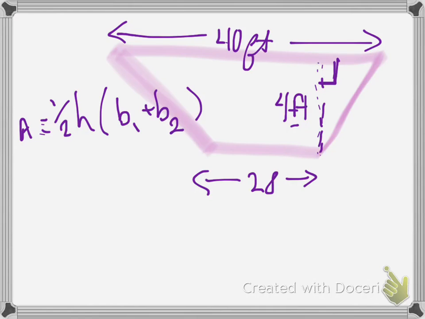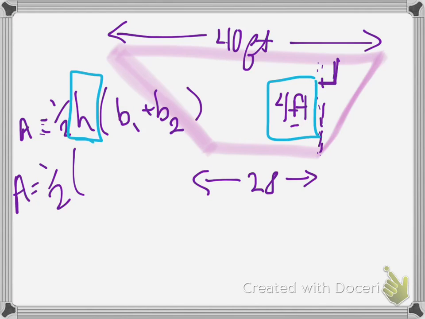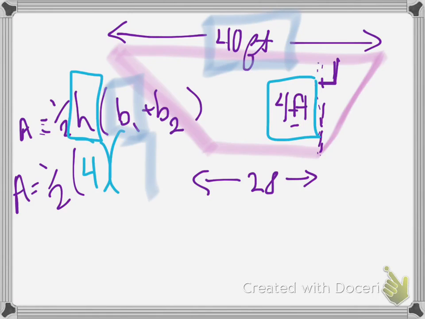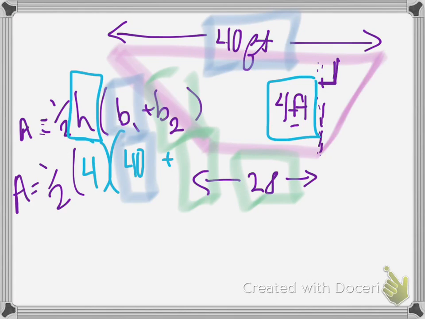Okay, so plugging and chugging. We know area equals 1/2 times our height right here, 4 feet, so we're going to plug that in, times base 1, we'll say 40, plus base 2, which will be our 28, close parentheses.